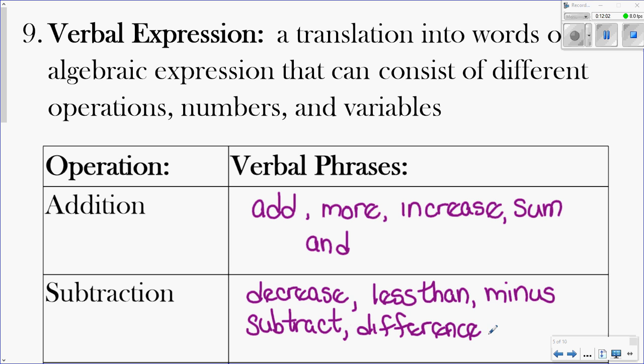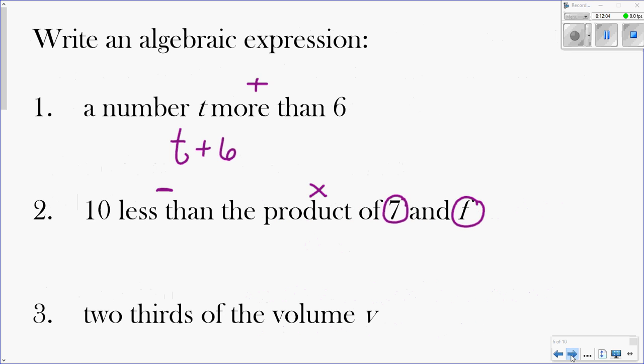So when you see and, you think, oh, plus, but you have to realize this is product. Look at what's first, product of. So that means you're going to have whatever numbers or variables that you're going to multiply to give you the product. So don't get trapped by that and assume that it's going to be 7 plus f. Pay attention.